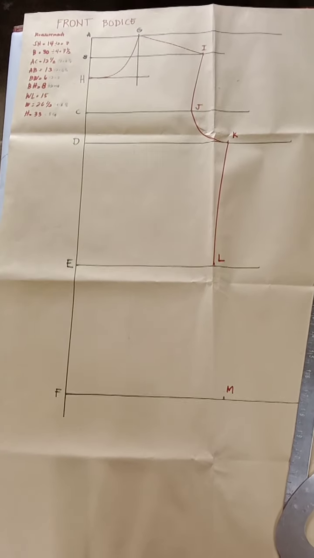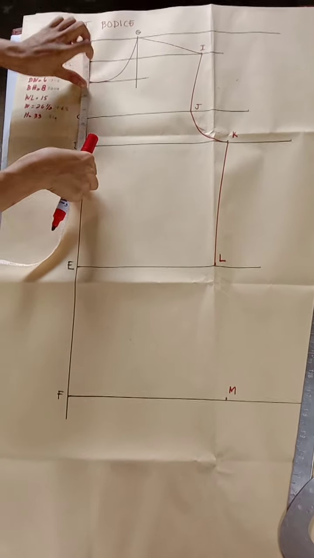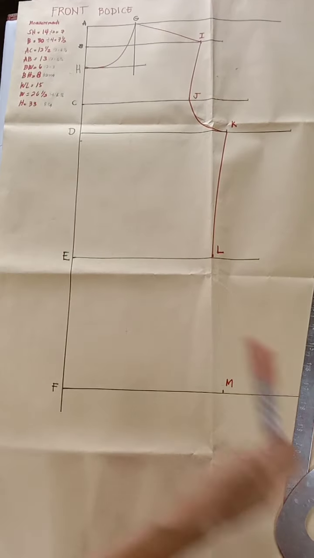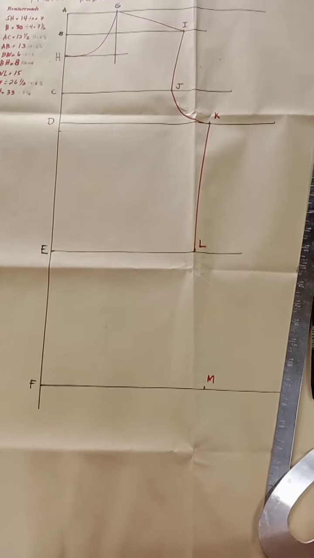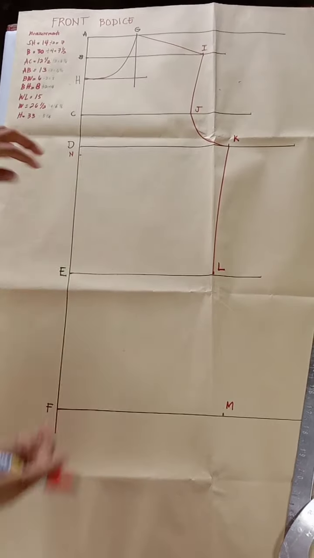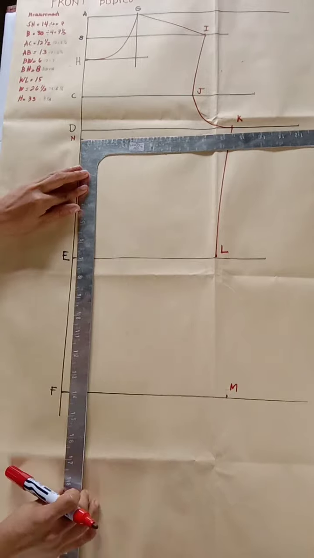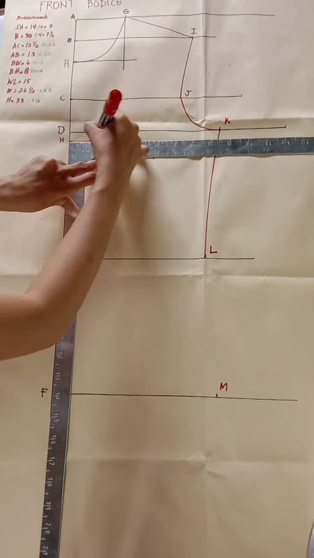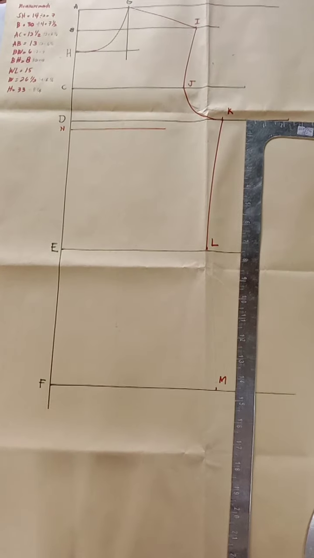So, from point A, pababa, mag-measure tayo ng 8 inches. And mark it as point N. Then, extend point sideward. Maiksi lang yung extension ng point.